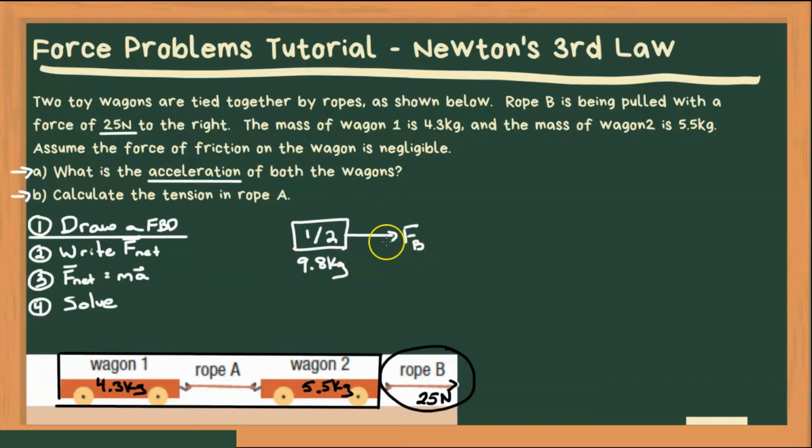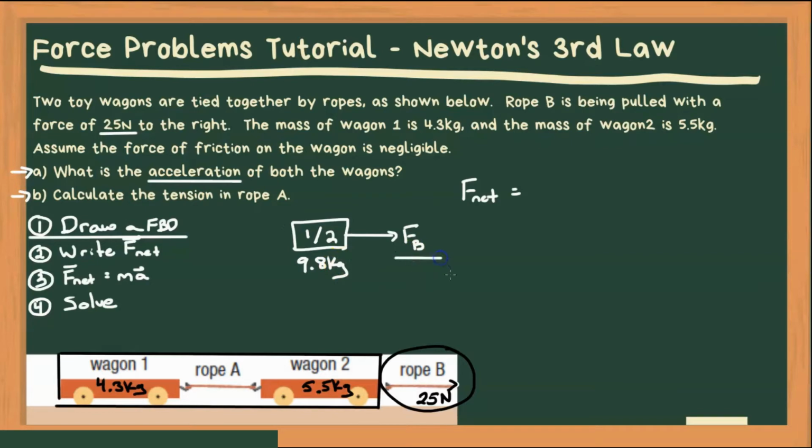Now that we've figured that out, we can just continue our next steps just as we normally would. So write F net. Okay, so F net is equal to, well, we only have this tension in rope B, force B. Whenever you're doing the second step, you're doing the second step for the free body diagram that you drew in the first step.